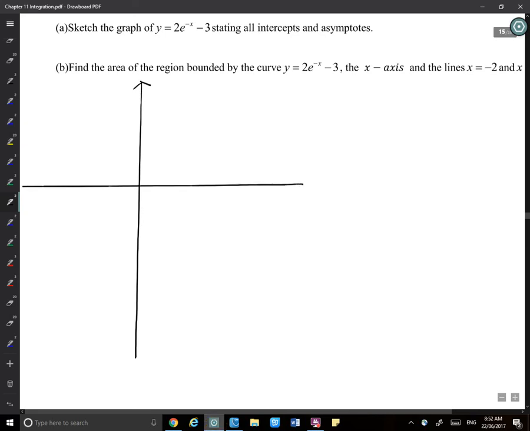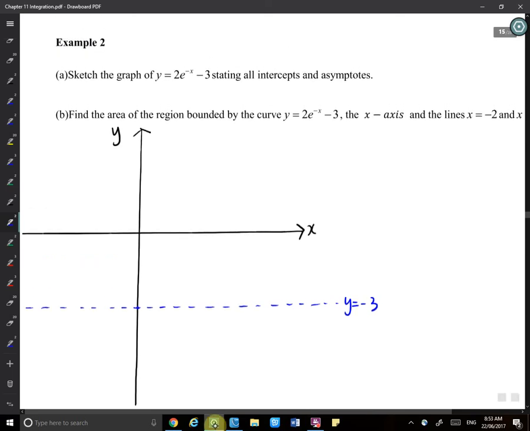Okay, the value we're looking at first is the C value. The C value is -3, so I will have an asymptote at y equals -3. And then I was thinking about the base shape.